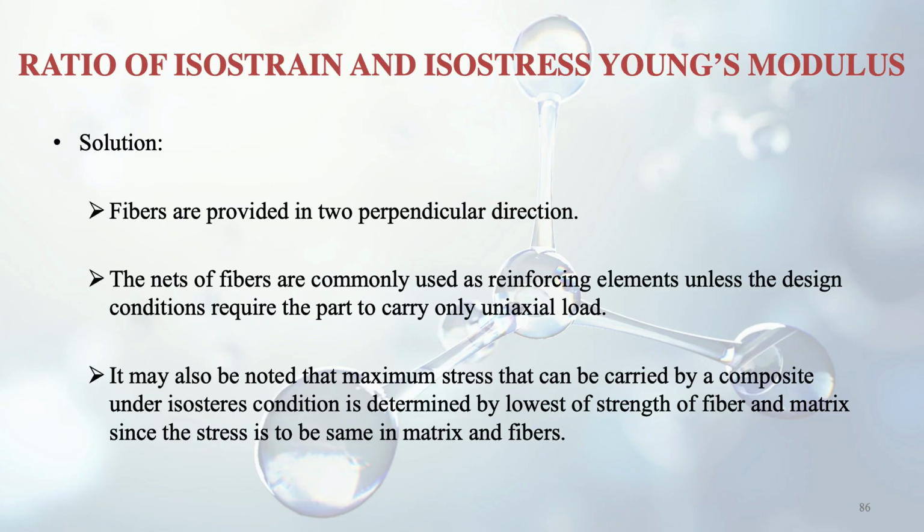And it may also be noted that the maximum stress that can be carried by a composite under isostress condition is determined by the lowest of the strength of fiber and matrix, since the stress is to be the same in matrix and fibers. Obviously, because we have to keep the stress the same both in the matrix and fiber.